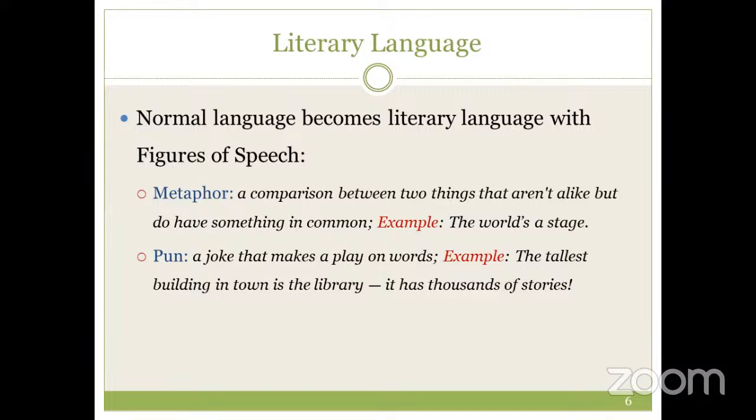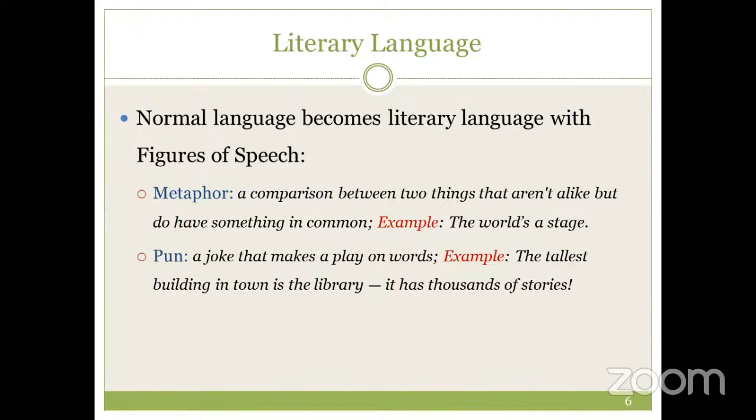Metaphor is a comparison between two things that aren't alike but do have something in common. Example: the world's a stage. Similarly, you have a pun, a joke that makes a play on words. Example: the tallest building in the town is the library, it has thousands of stories. Here story also means floor: one floor, two floors, three floors.